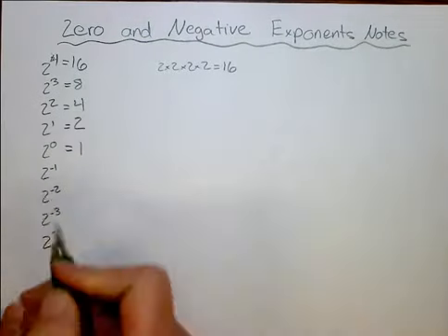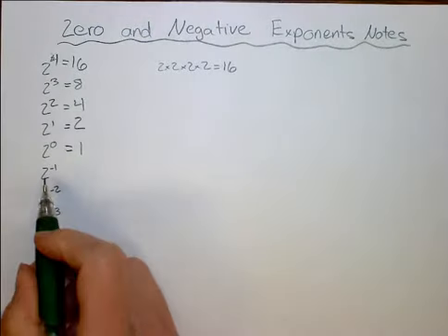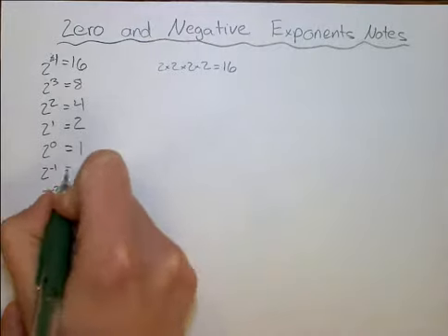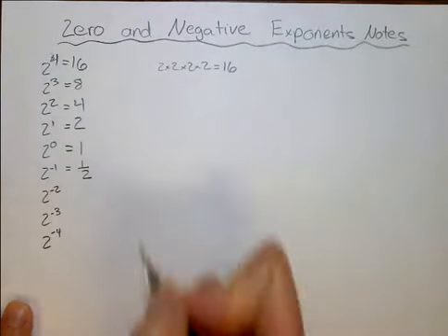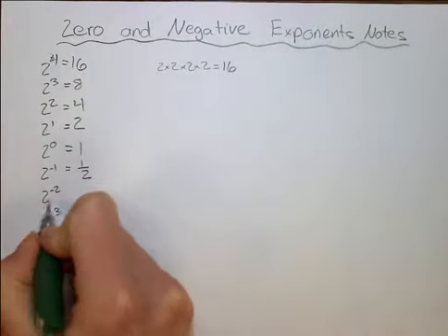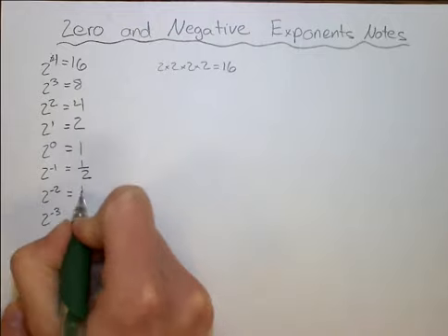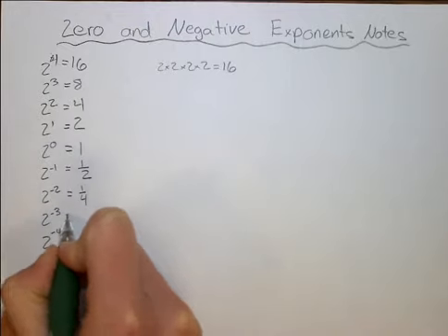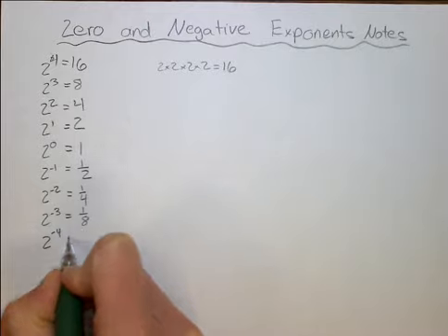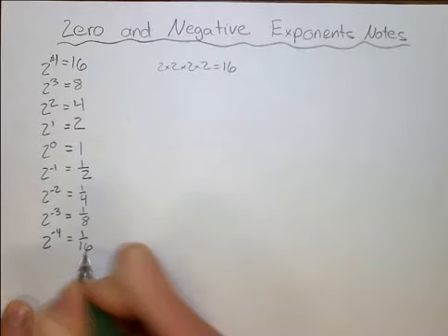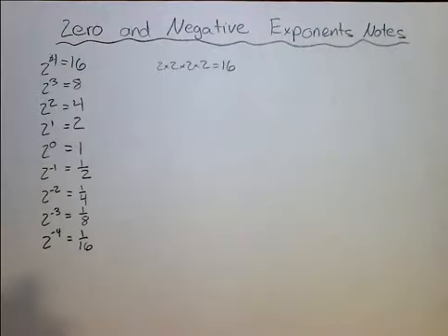And you have 2 to the negative 1st power, and this is actually 1/2. 2 to the negative 2nd power is 1/4. 2 to the negative 3rd is 1/8. And then lastly, for our example, we have 1/16.